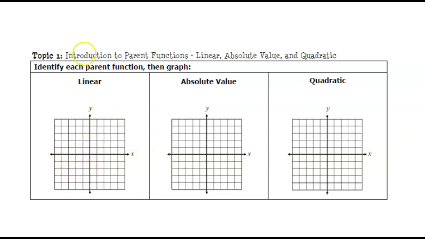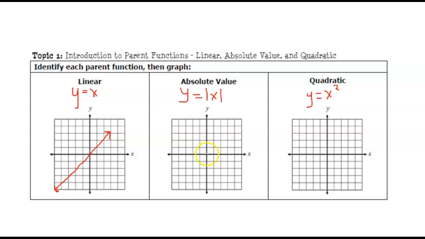So we'll quickly go over what the linear function is, all right, as well as the absolute value functions and the quadratic functions. The key here is to remember that all of these functions intercept the x and y axis at the origin. I know my parent function for a line is y equals x, and that is just a line that comes straight through the origin, okay, with a slope of 1.